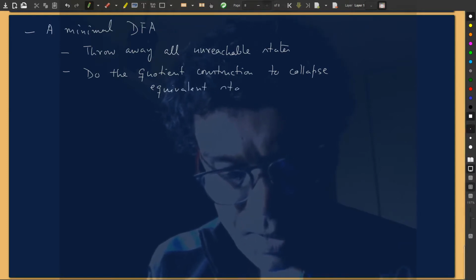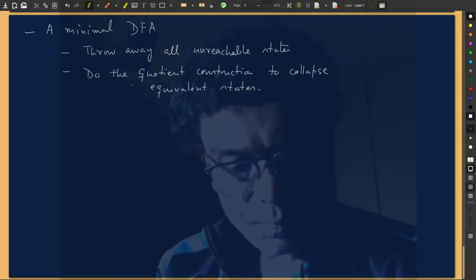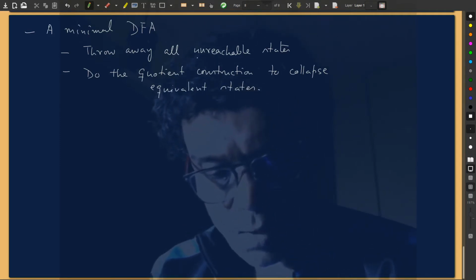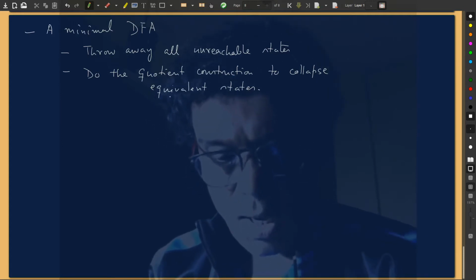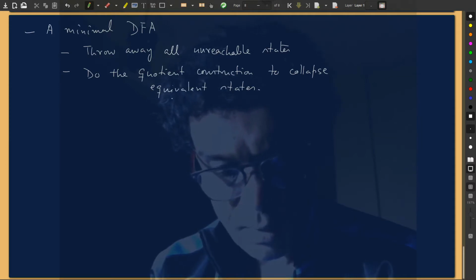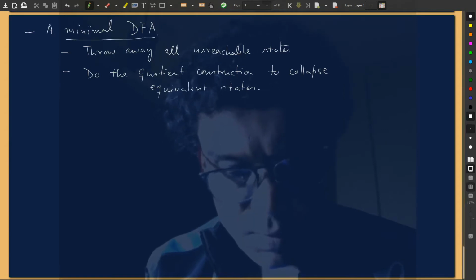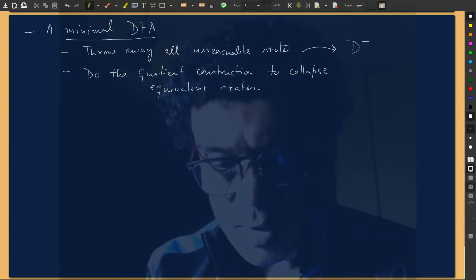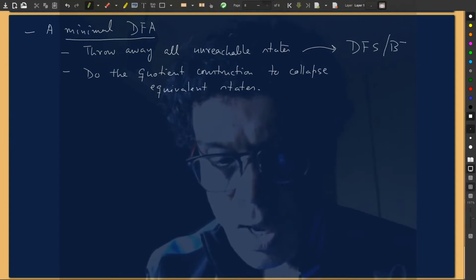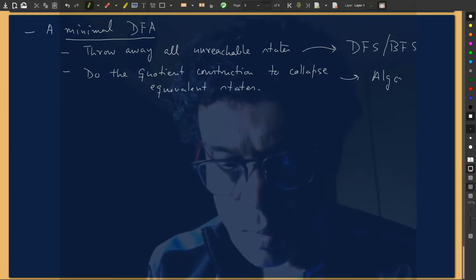And this essentially gives us a DFA where there are no unreachable states and all states are mutually non-equivalent, so we cannot safely collapse them together. Okay. So this is basically a DFS or BFS, and this can be done by the algorithm covered today.